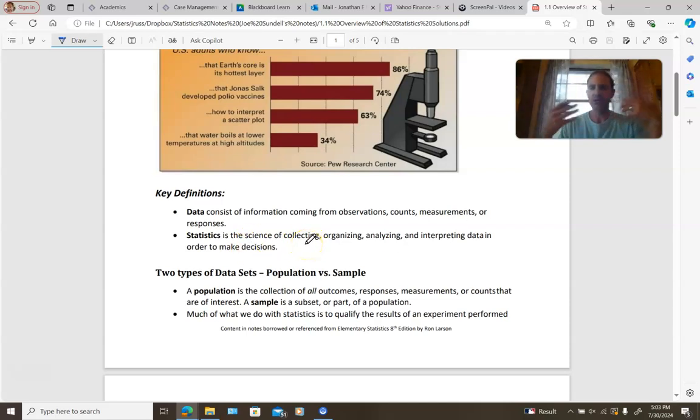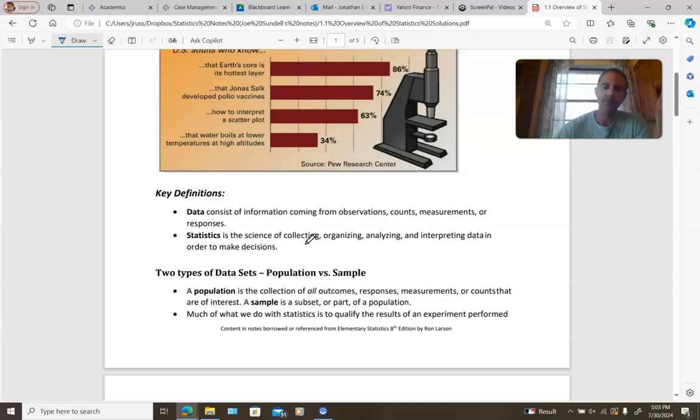So statistics is really the science of collecting this information and then basically creating a story from it, or letting it create a narrative that helps us make better decisions. In fact, I had a professor in college that said statistics is really just the science of being able to make the best decision in the light of uncertainty.